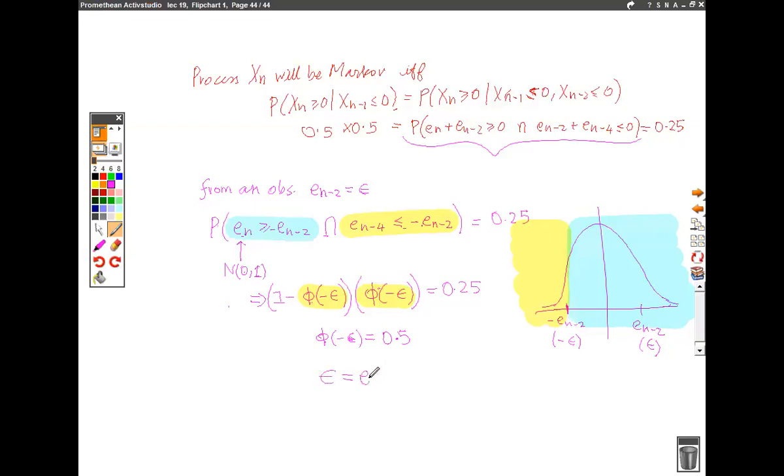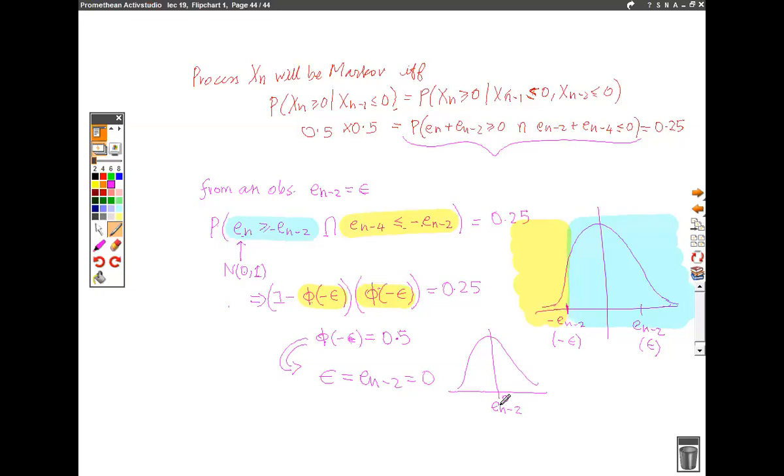So I know that my e, which is just e n minus 2, has to take a value which is 0 for this to be satisfied. So now I can probably draw a different graph here where I know exactly where my e n minus 2 should be, right? And it is just going to be equal to 0.